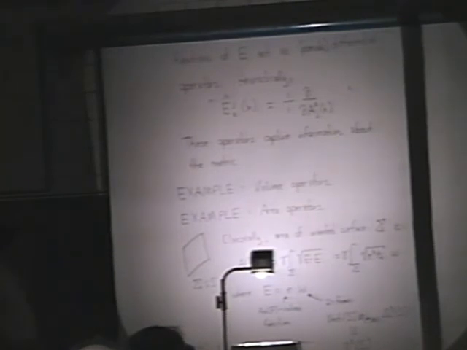There are volume operators associated to any open set in your three-manifold. There's an operator that measures the volume of that region. I won't talk about those, but I'll talk about something similar. There are also area operators which measure the area of any surface in your three-manifold. So let's talk about those.